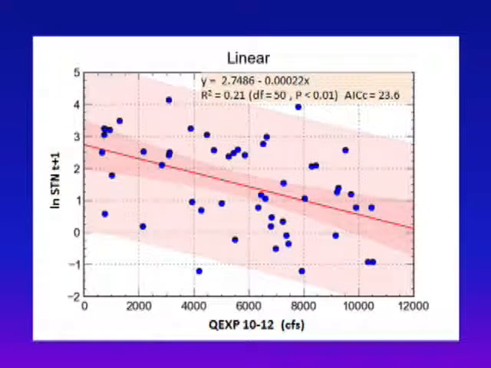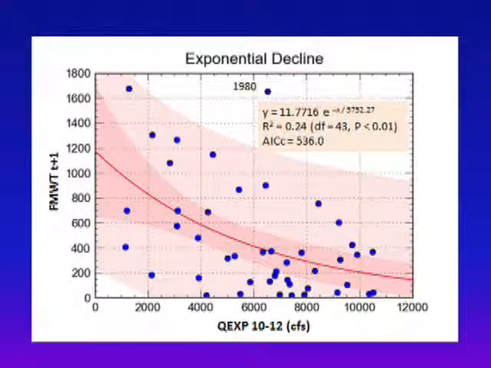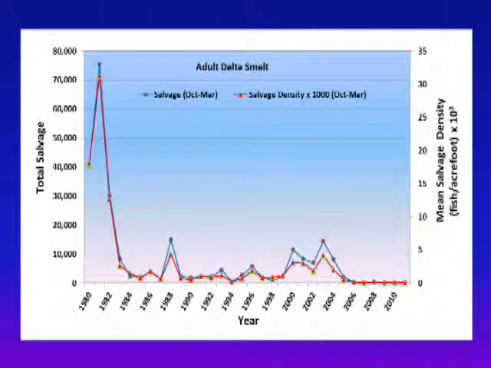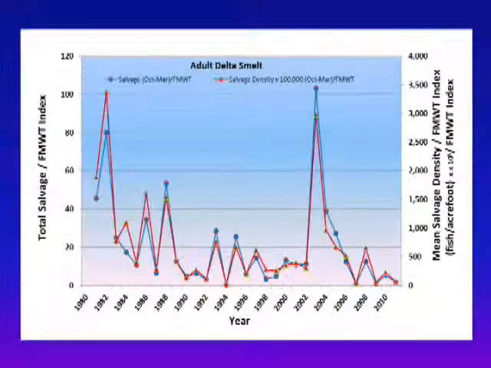We see a relation with exports and the index of the tonnage survey. The same for the water troll the previous year. Negative relations, and in terms of relations between total salvage and salvage density, there seems to be a proportionality, except for some years like that.